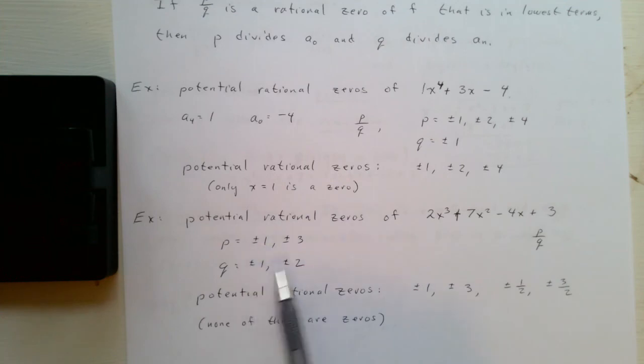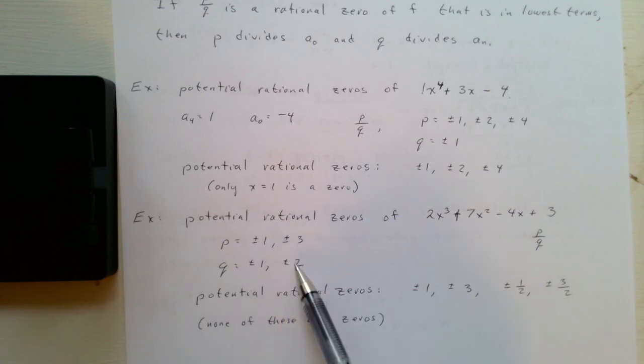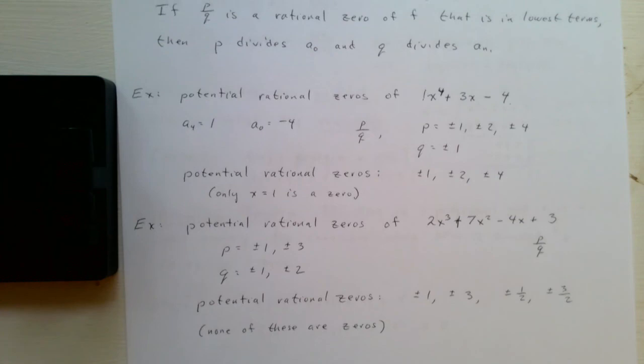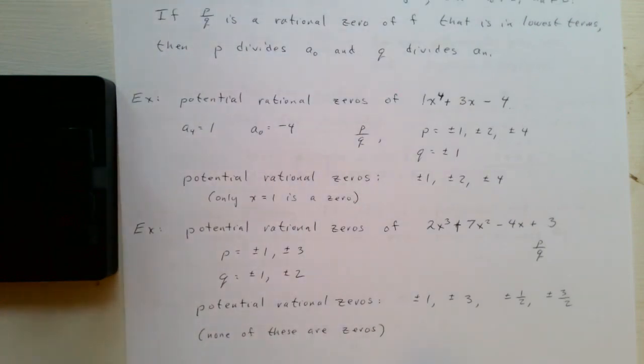Taking all the possible quotients, you get plus or minus 1, plus or minus 3, plus or minus 1/2, and plus or minus 3/2. If you plug these 8 numbers into this polynomial, you'll see that none of them is 0.